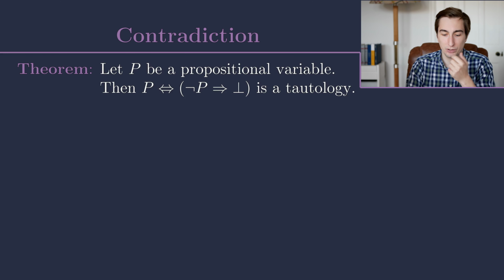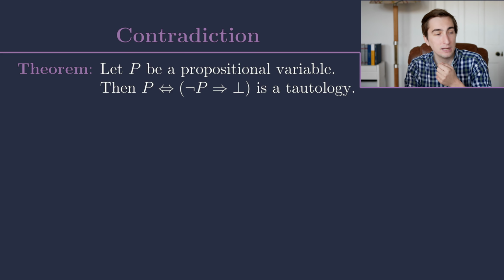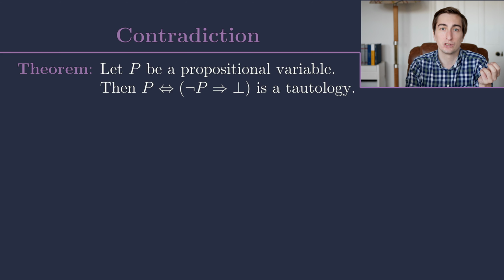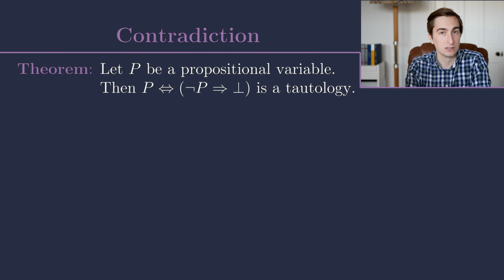And that's effectively what this is saying here. It's saying that P is equivalent to supposing that we have not P and showing that that results in a contradiction. So how to prove this?